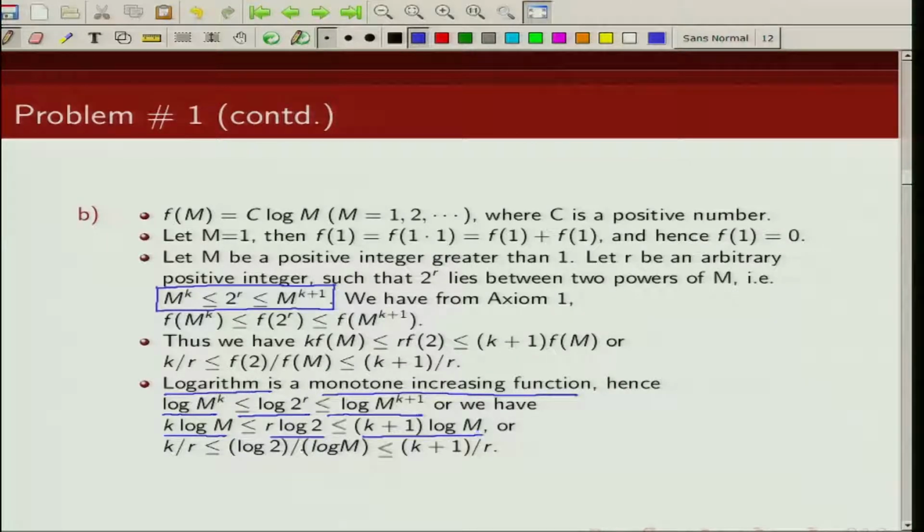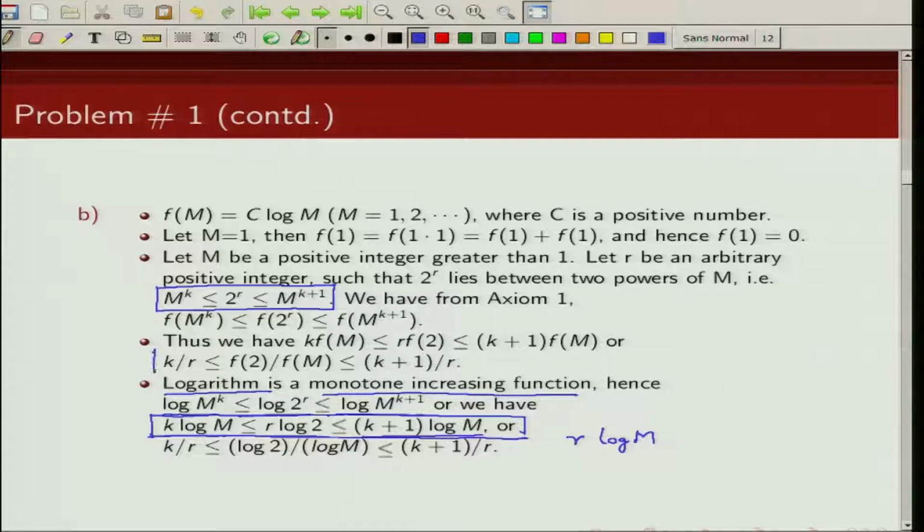Now again we divide here by r times log m. So if we divide this by r times log m, what I get is k/r is less than or equal to log 2/log m, which is less than (k+1)/r.